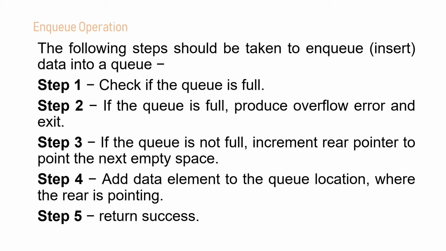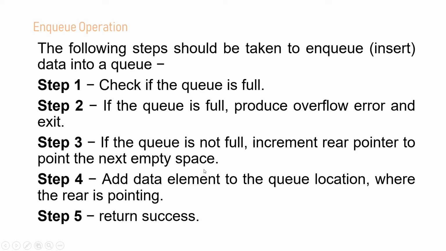So yun yung nangyayari. Step number 3, kung ang queue natin ay hindi naman full, ibig sabihin, may bakante pang space para sa bagong data element natin, i-increment natin ang rear pointer natin. So, therefore, magpupunta siya sa panibagong space dun sa ating array na pwede nating lagyan ng data element, which is step number 4: add data element to the queue location.